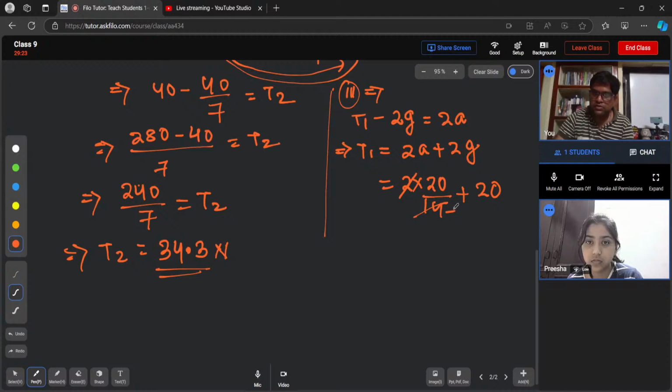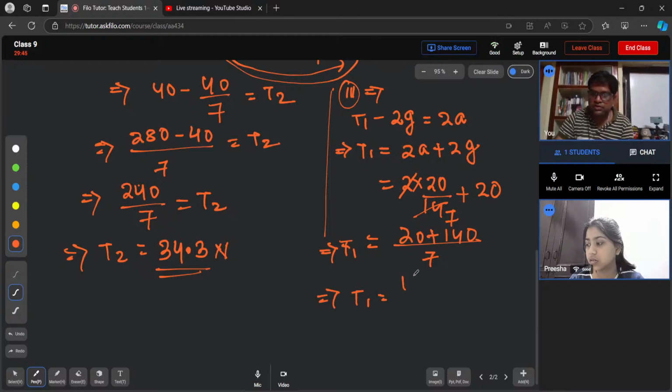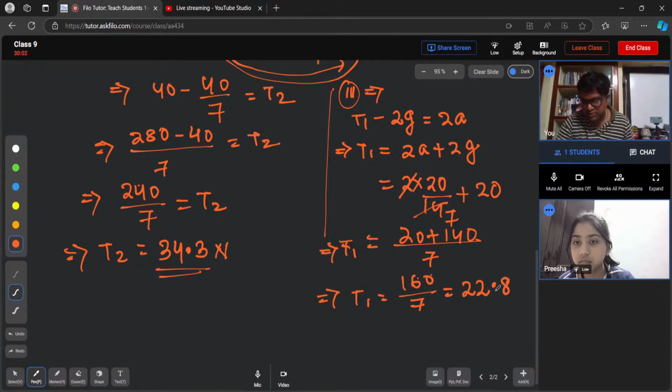So 7, LCM 7, 20 plus 140. So you are getting basically your T1 equal to 160 by 7, or 7 2s are 14, 20, 7 2s are 14, 60, 7 8s are 56.